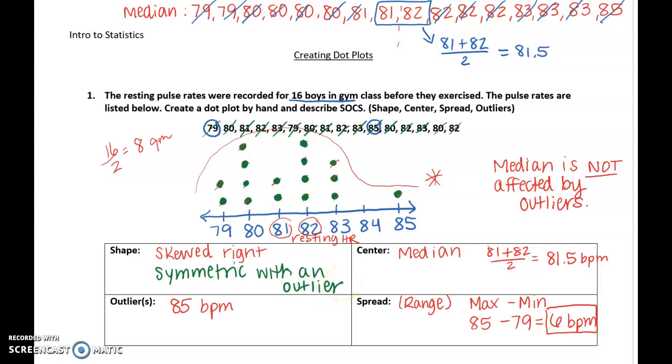This looks approximately symmetric, except for that one outlier. If you say symmetric with an outlier, you want to use the mean as your measure of center, because the mean we want to use with symmetric data, the median we use with skewed data. The mean is affected by outliers.